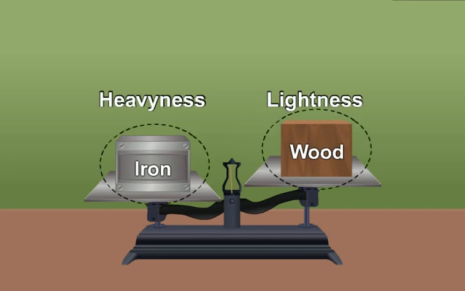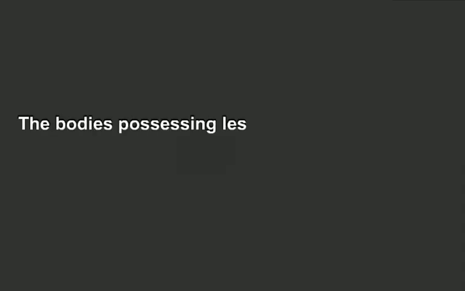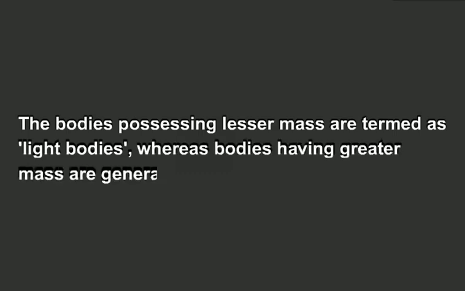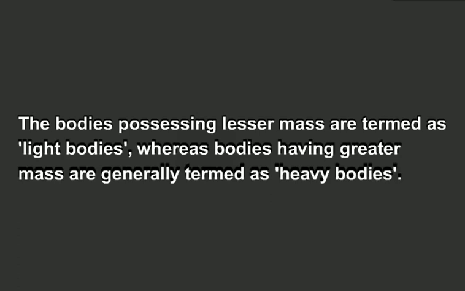Students, same volumes of different substances are generally found to contain different masses. The bodies possessing lesser mass are termed as light bodies, whereas bodies having greater mass are generally termed as heavy bodies.